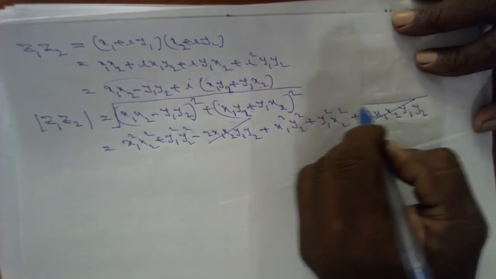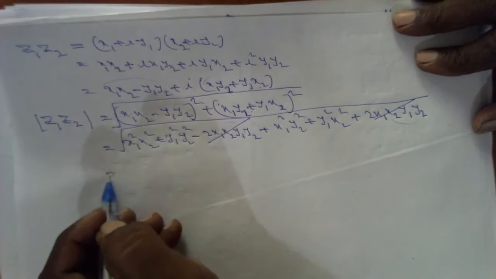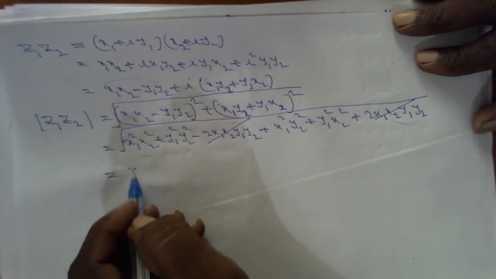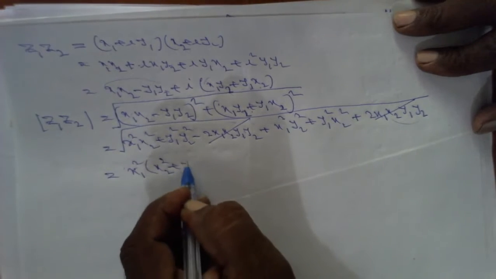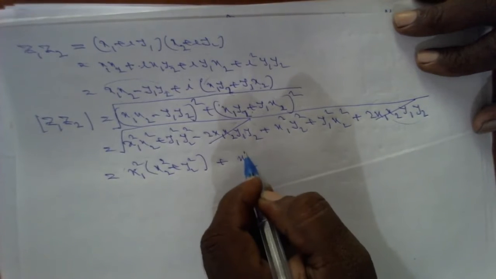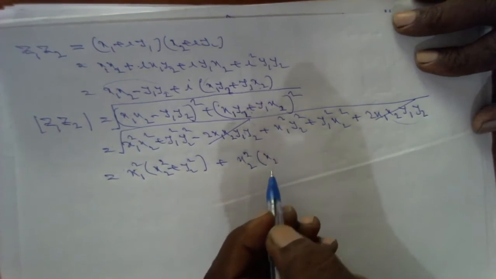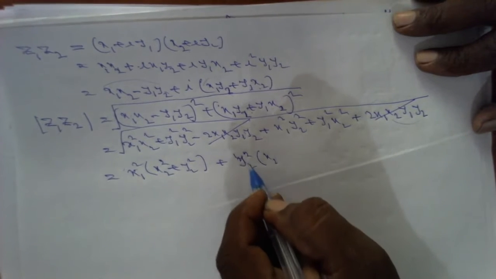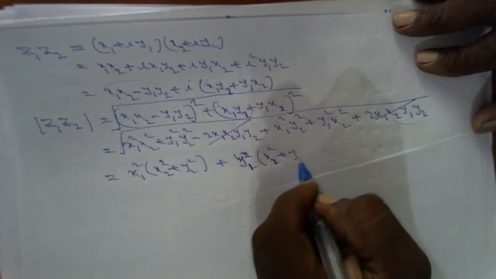And square root also there. Then you take x1 squared out, x2 squared plus y2 squared. Then take y1 squared out, x2 squared plus y2 squared.